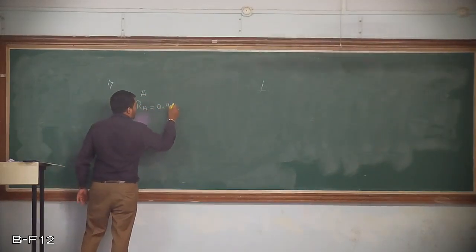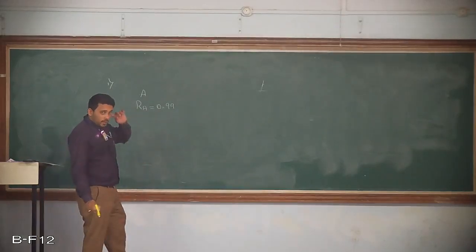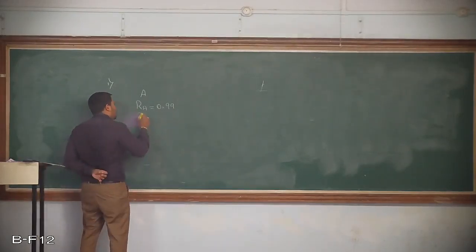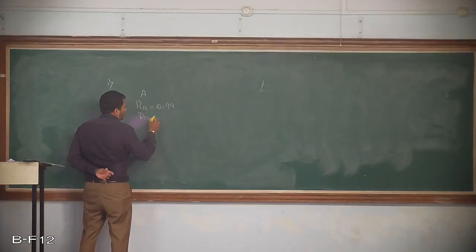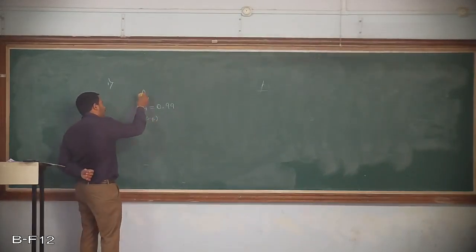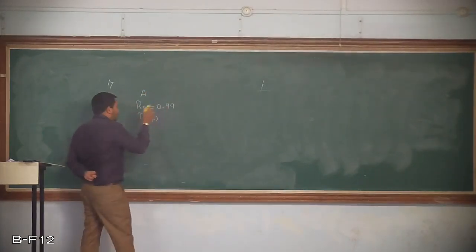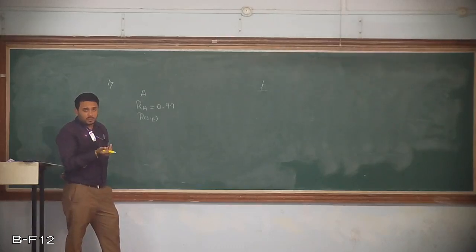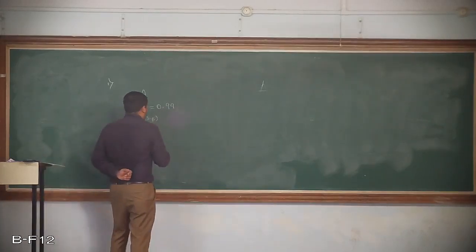If this unit is used as a redundancy, then what is the overall reliability of the system they have asked. If this part A is used as a redundancy, then what is the reliability of the system?